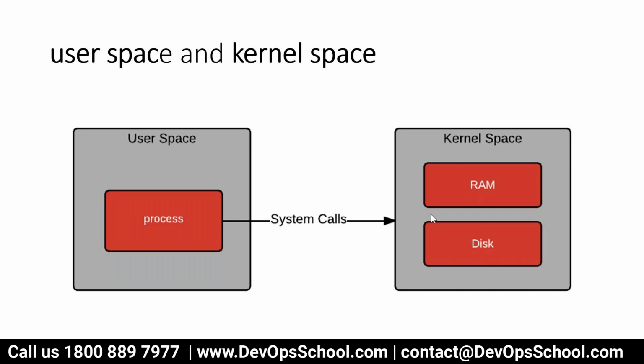Now to run a user process, it needs a CPU, RAM, a hard disk, a network. So how will the user process get them? The question you should be asking is, how will a process run by the user get CPU, RAM, storage, network, input and output from the kernel space, because all the devices are managed by kernel space.